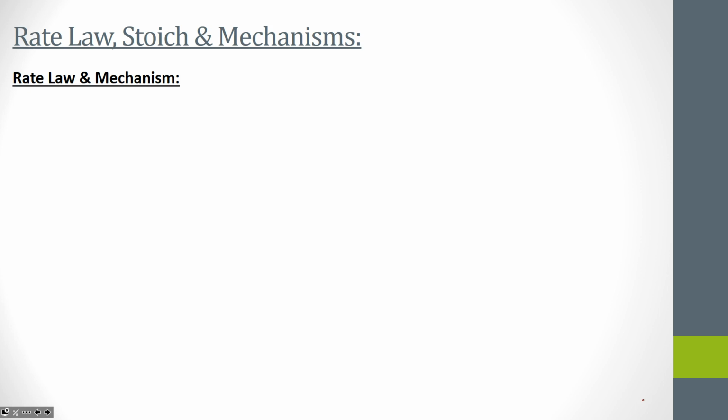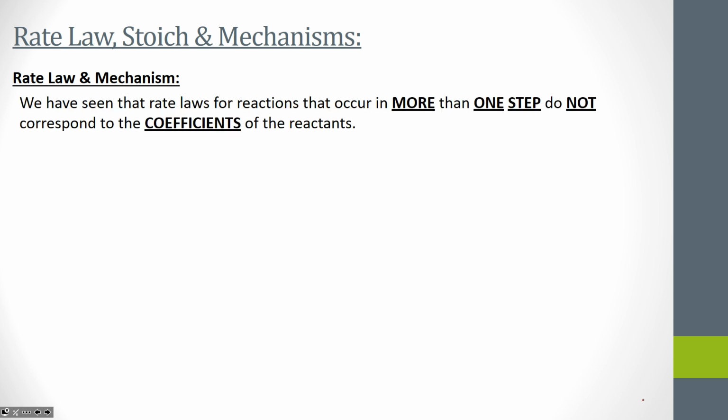Now, we can also talk about mechanisms, and I alluded to this earlier. If we're talking about rate laws, remember that the only step that affects the rate in a mechanism is your rate determining step, or your slowest step. Since we have mechanisms, we will know the slowest step, and all of those steps in the mechanism are going to be simple or elementary reactions, because that's the whole point.